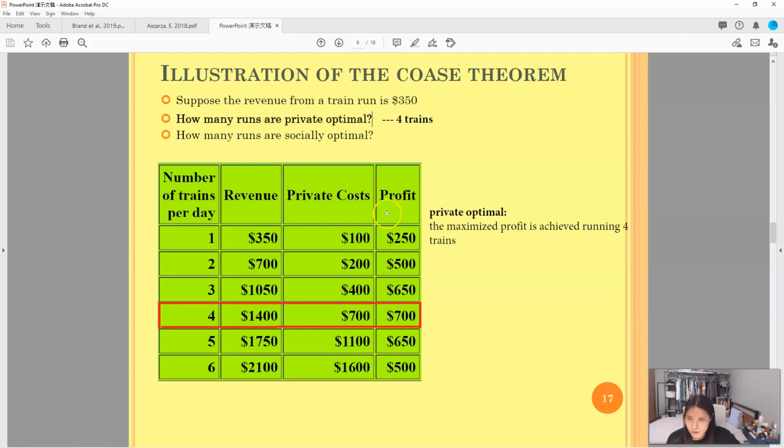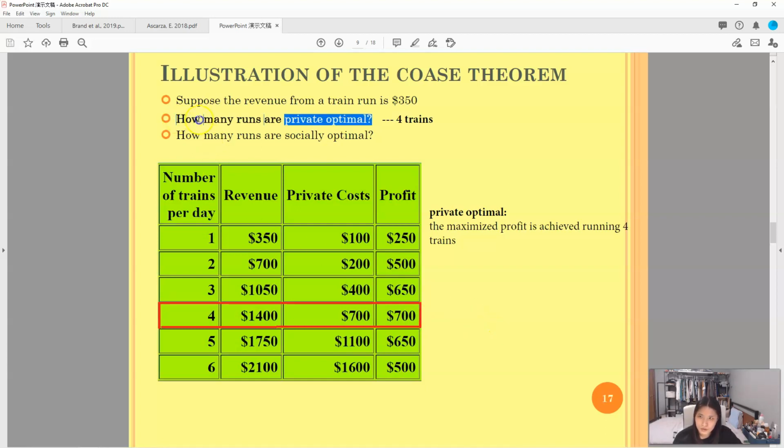So as we search within this column below profit, we can see running 4 trains per day, the profit is maximized. 700 is the largest number among those numbers, right? So that means the maximized profit is achieved running 4 trains. This level we call the private optimal, keep in mind.